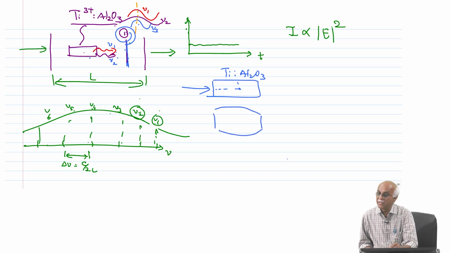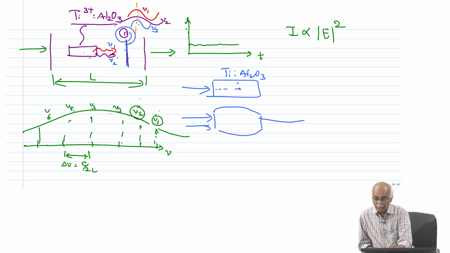It will act as a lens. The more the intensity, the larger the lens effect in this crystal. So, what it means is that the incoming light beam will start focusing somewhere because of this lens effect.